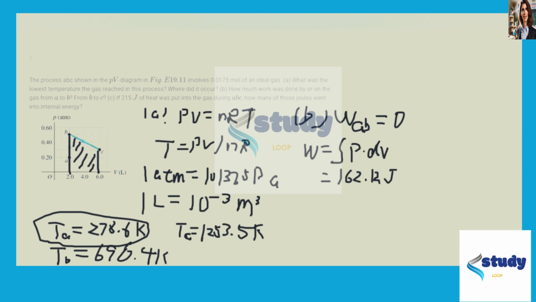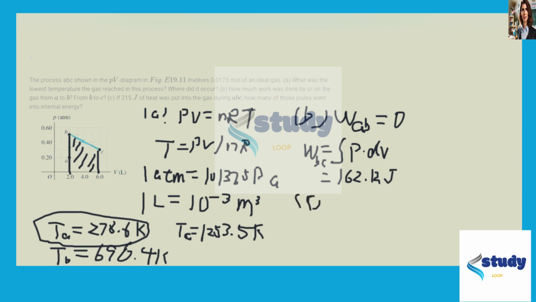Also bear in mind that before you start counting the area, you need to transfer the units into standard units: atmosphere to Pascal, and liter to meters cubed. Okay. This is the work process.